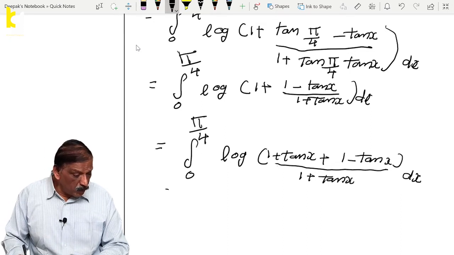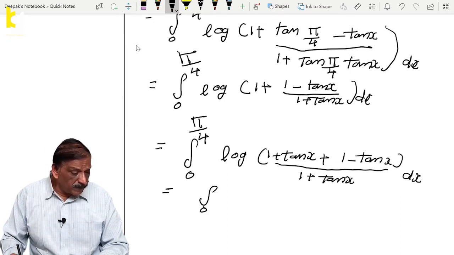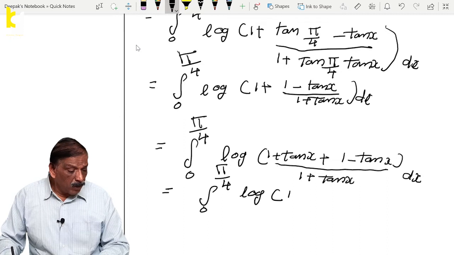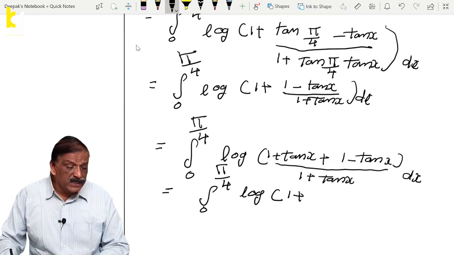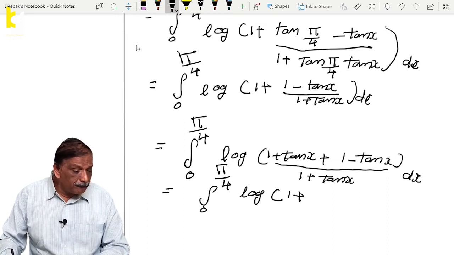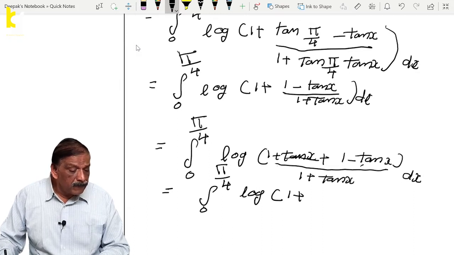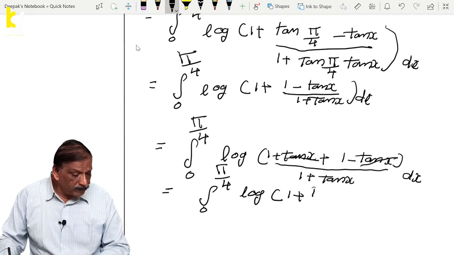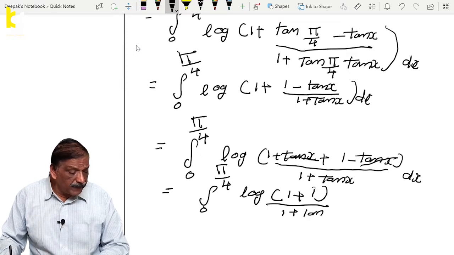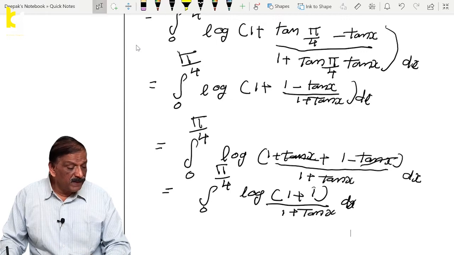That is equal to integral 0 to pi by 4 log of 1 plus tan x minus tan x cancels, that is equal to 1 plus 1 divided by 1 plus tan x dx.